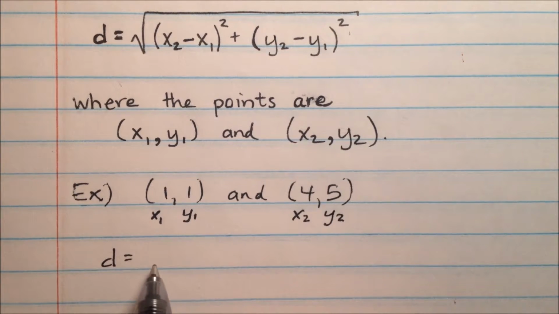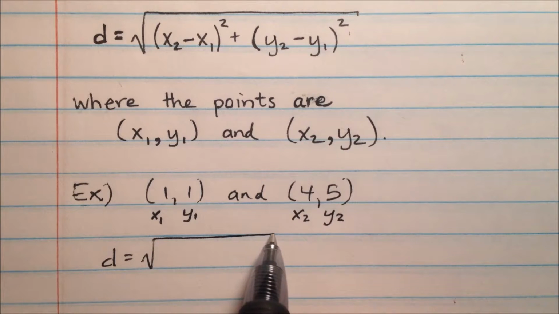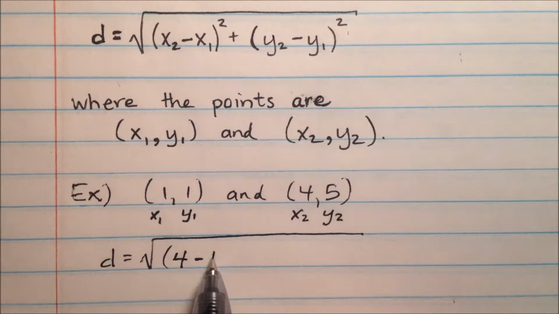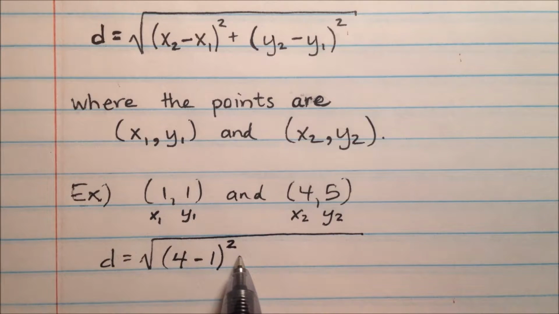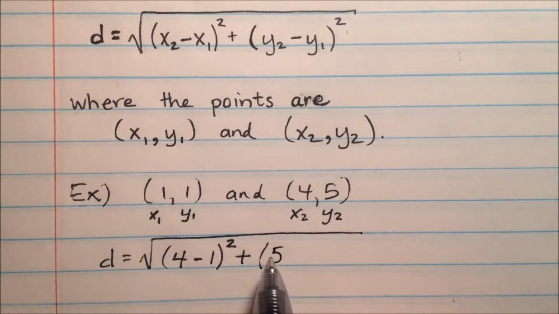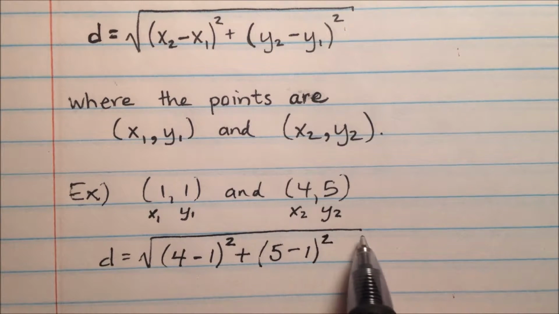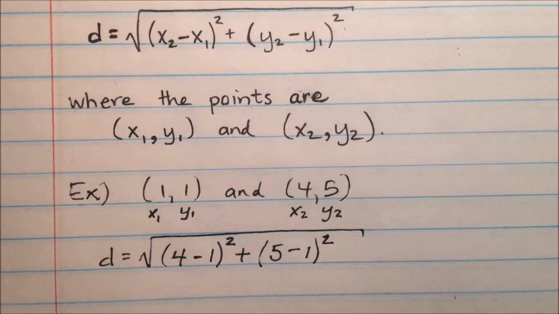So d equals the square root, and I'll draw it long, x2, that's going to be 4, minus x1, which is 1, and quantity squared, plus y2, which is 5, minus y1, which is 1, quantity squared. That's kind of the end of that radical.